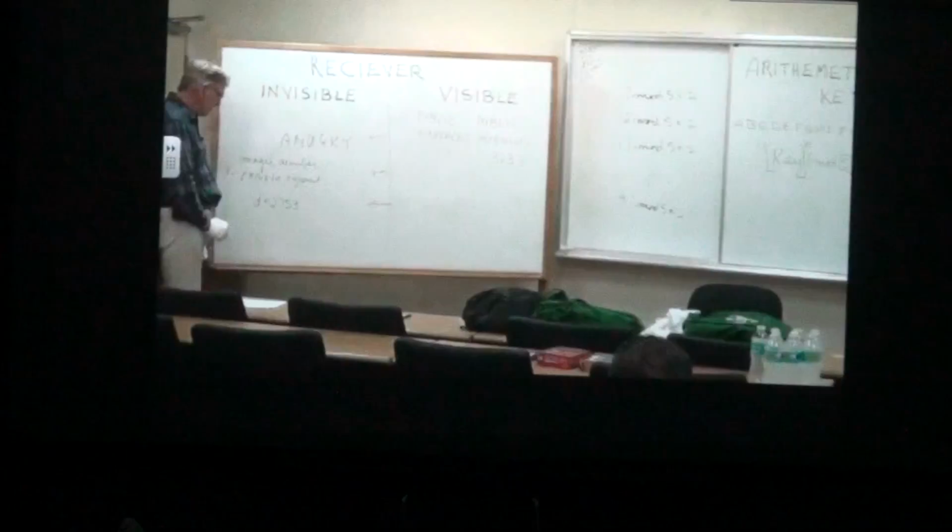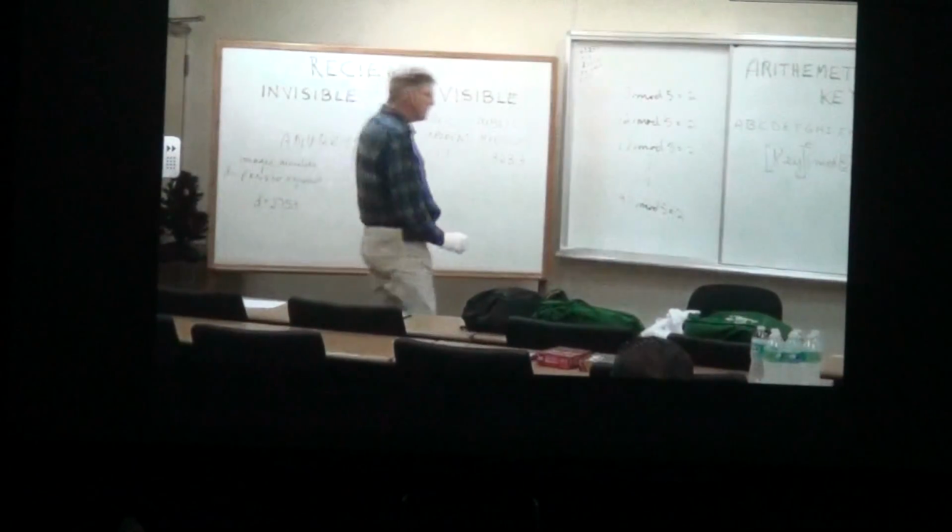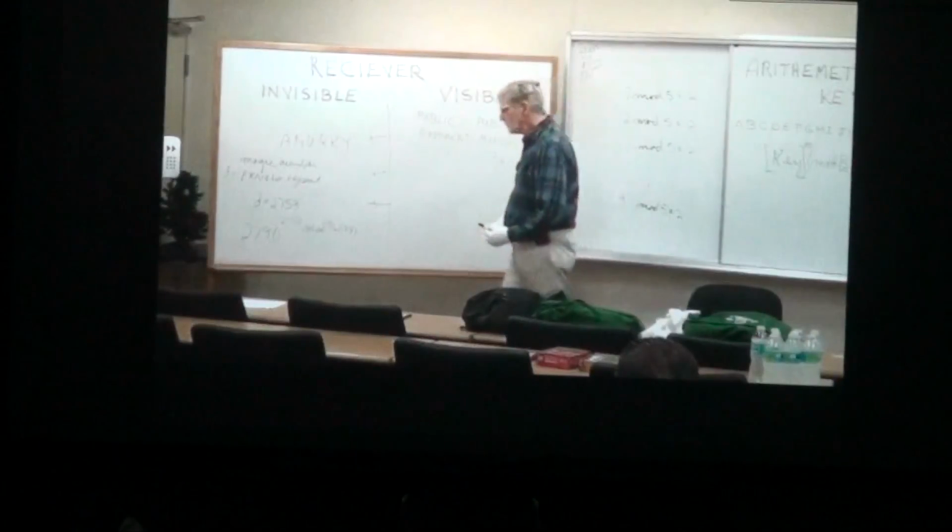Let's see what happens if he takes the key that you sent him, which was 2790, raises it to his private exponent, 2753, and then one more time takes the modulus of 3233. Well, that's a fairly large power.